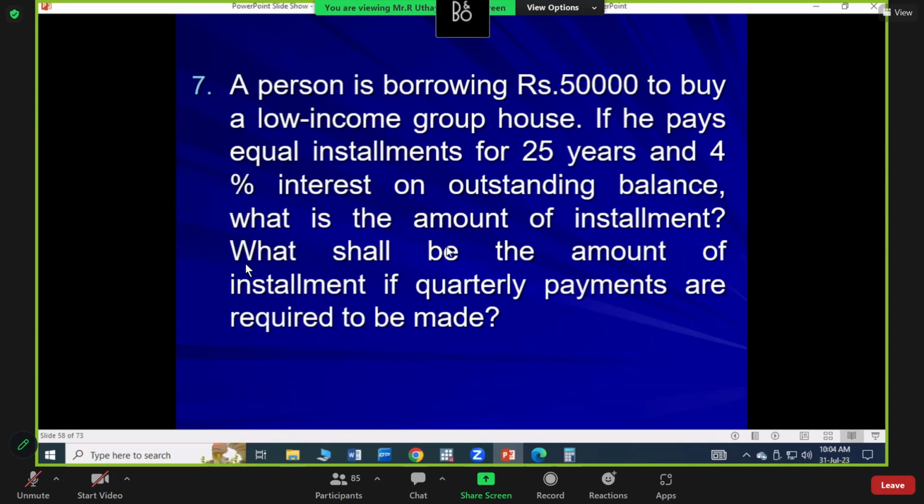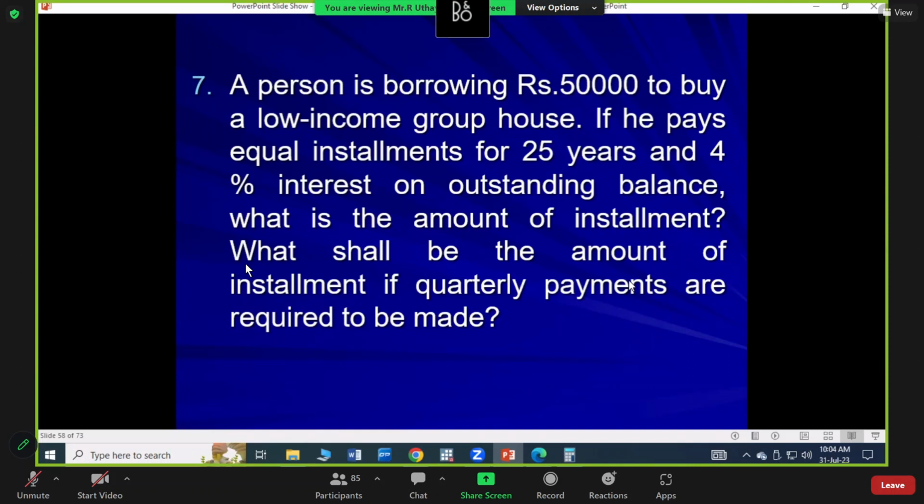What do you want to find out? What is the amount of installment? Installments mean the annuity. Annuity A should be found out. So what type of time value concept can you apply to find this? Annuity is not lump sum. This is annuity.